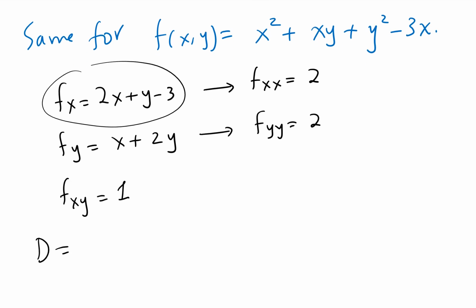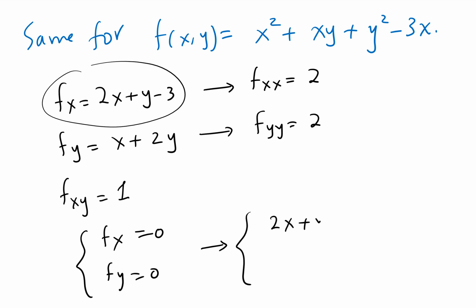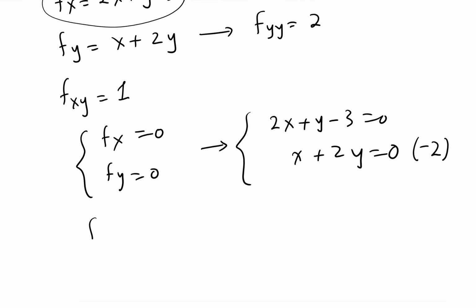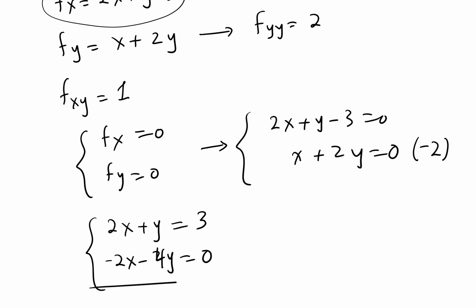So now, before the D test, we need to set fx and fy both equal to 0. So we get 2x plus y minus 3 is 0, and x plus 2y is 0. To eliminate, let's say the x, you multiply by -2 here. So the first equation, add 3 to both sides. You get -2x minus 4y equals 0.